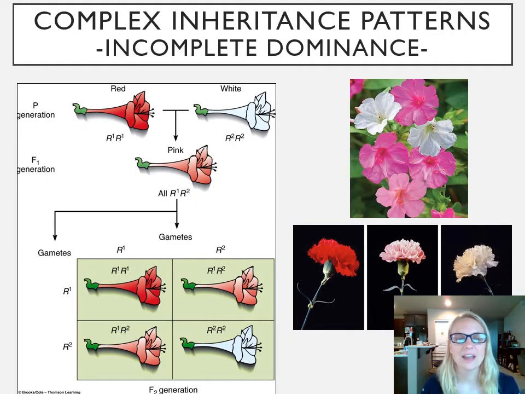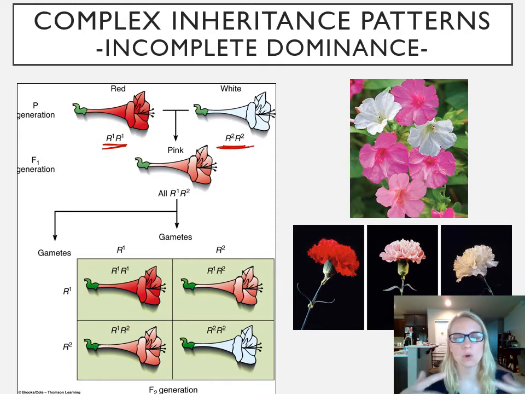All right, the next characteristic or complex inheritance pattern is called incomplete dominance. Now, this is where you don't really have a dominant and recessive. So I don't want to say homozygous dominant and homozygous recessive because there's no dominance and there's no recessive. And what you end up with is you get homozygous red, we can say, and homozygous white.